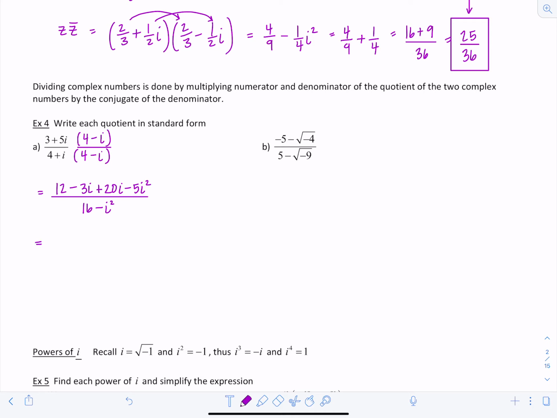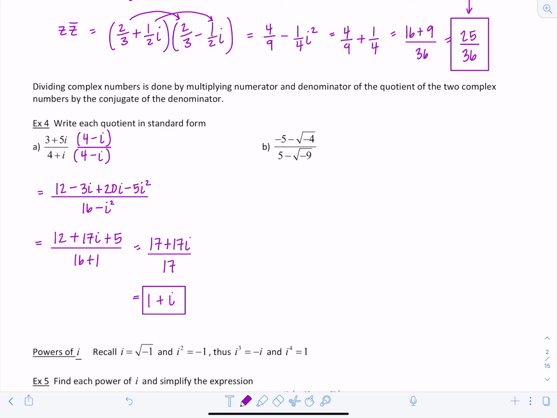In the numerator, this is going to be 12 + 17i + 5 over 16 − i². That's going to be 16 + 1, right? So then this is going to give me (17 + 17i)/17. So this is just 1 + i. Beautiful.